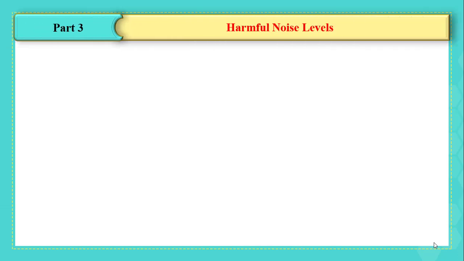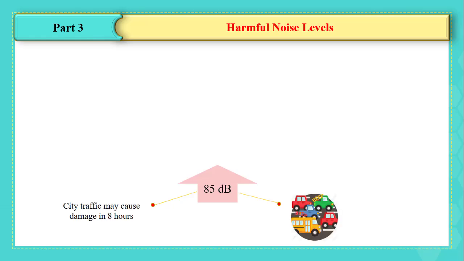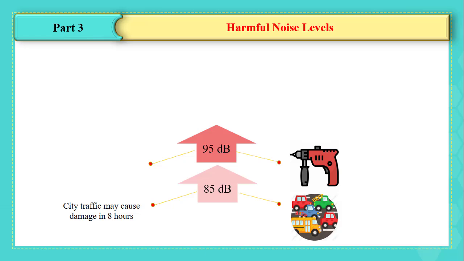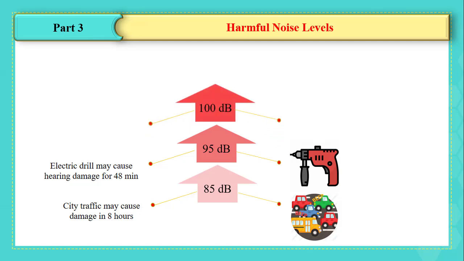It must not be forgotten that to each sound level there corresponds a maximal exposure time. For example, a sound of intensity level 85 decibels, like city traffic, may cause damage in 8 hours, and that of 85 decibels, like an electric drill, may cause hearing damage when exposed for 48 minutes.